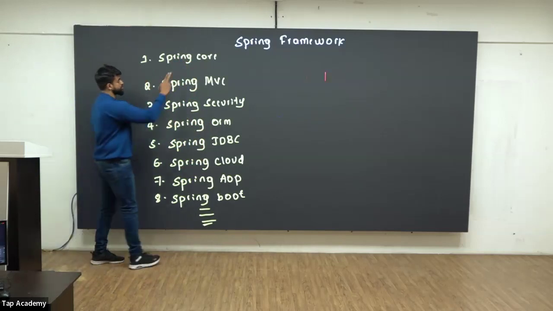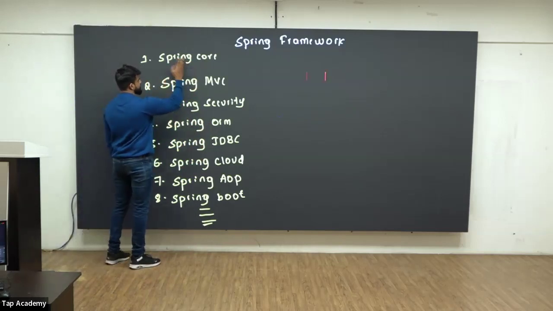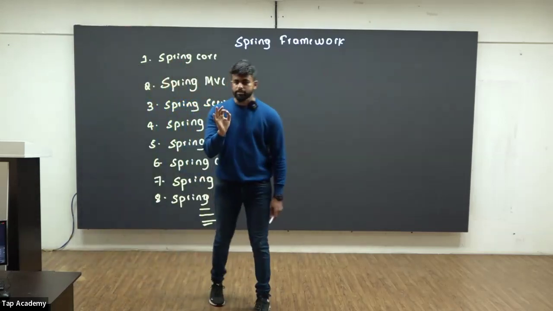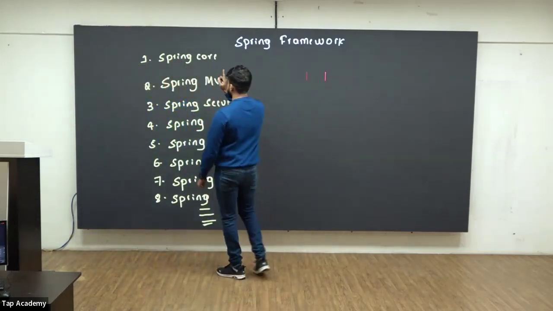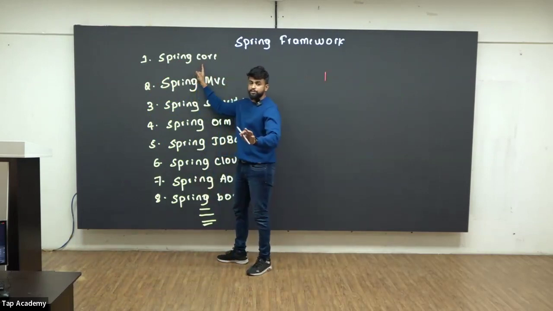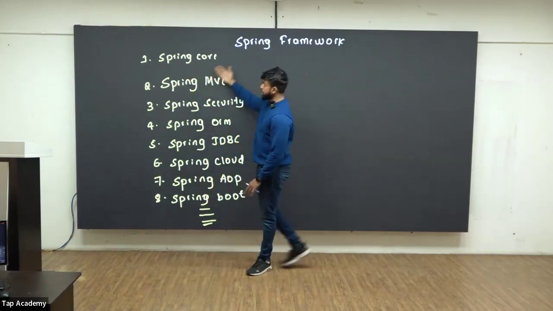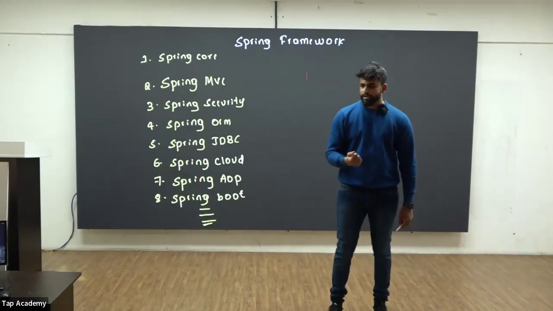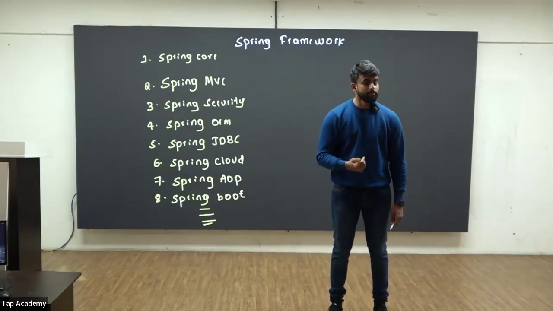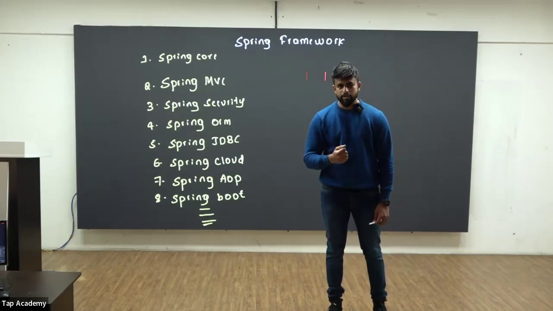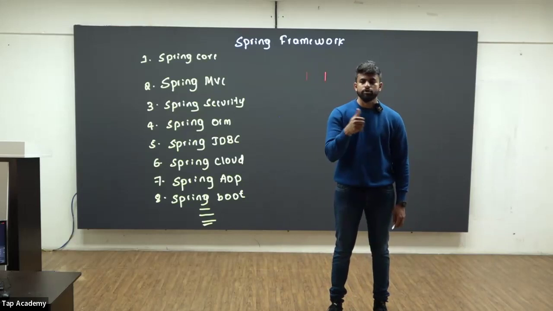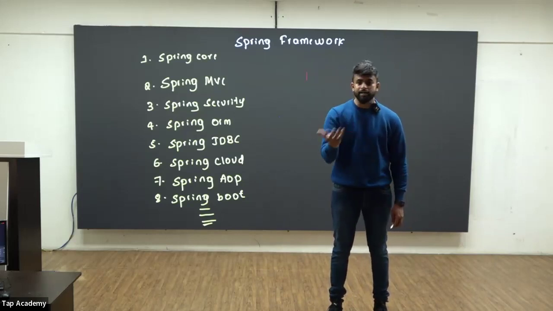Know Spring Core entirely, because when you go for interviews, 99.9% they will ask questions on Spring Core only. It is like with Java: how many times do they ask advanced Java questions, but how many times do they ask core Java questions on arrays, strings, OOPS concepts, exceptions, multi-threading, collections?